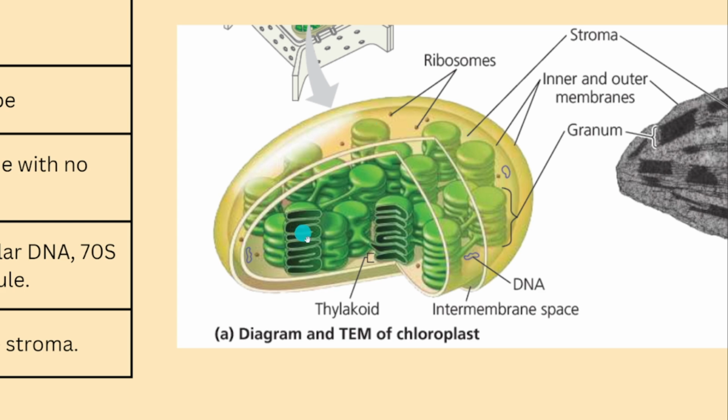And the inner surface, the surrounding part of the chloroplast, we call stroma. You can see the yellow part, the outside part of the granum. All that we call stroma.